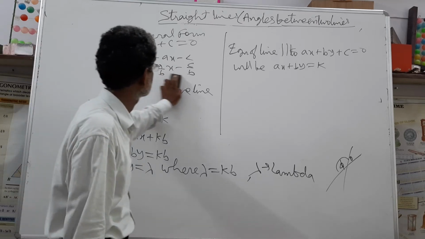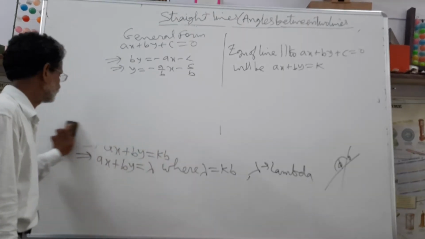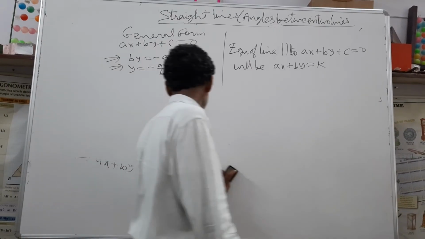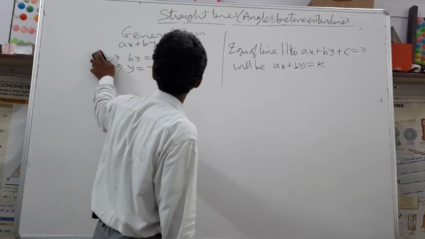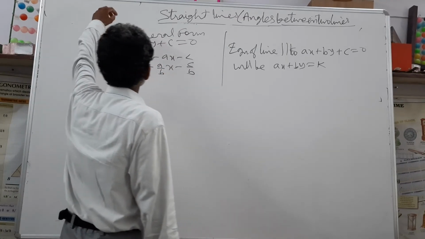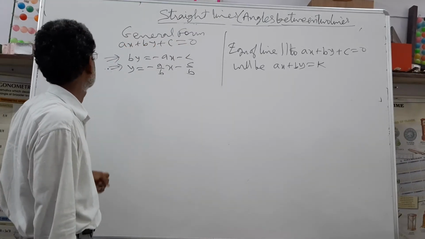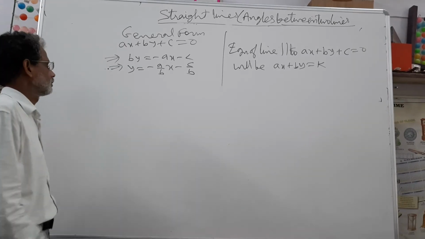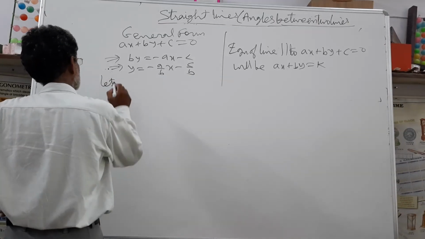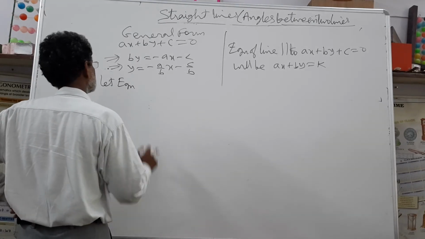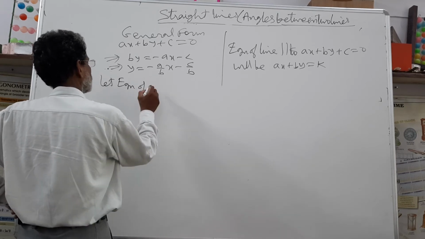Now, suppose we are required to find the equation of a line perpendicular to a given line. The general form is ax plus by plus c is equal to 0. In slope form it becomes this.